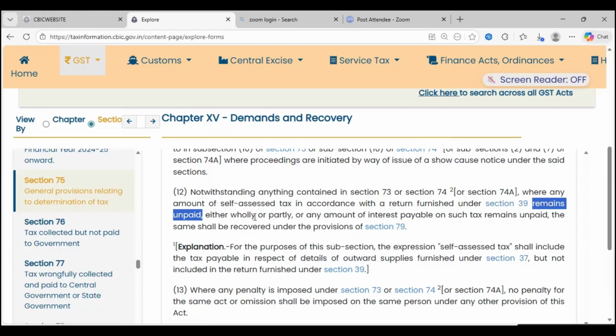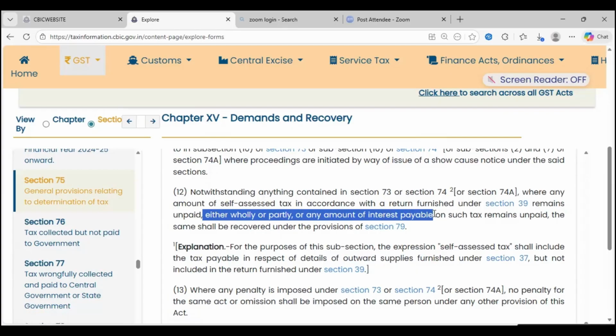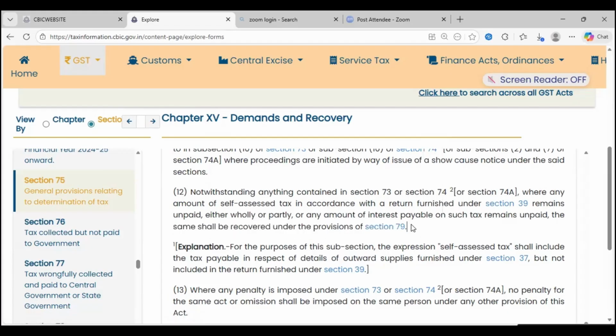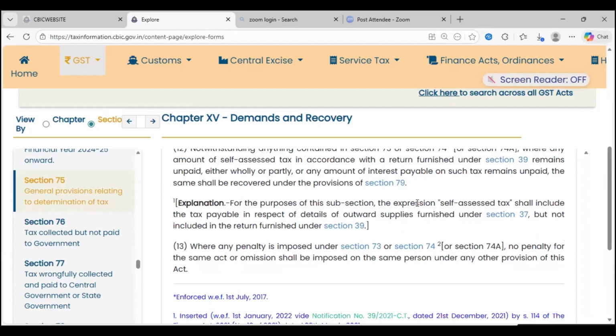I'll explain how it will happen. You filed a return, but there is a self-assessed tax to be paid but not paid, either wholly or partly, or the amount of interest payable on such tax remains unpaid. The same shall be recovered under section 79. Recovery provisions under 79 include bank account attachment and all.